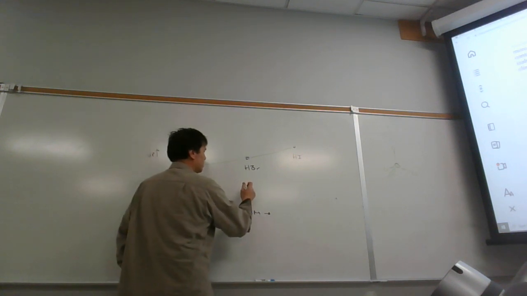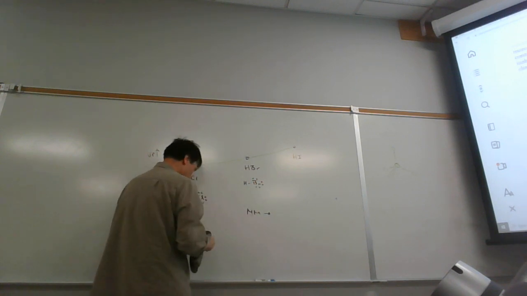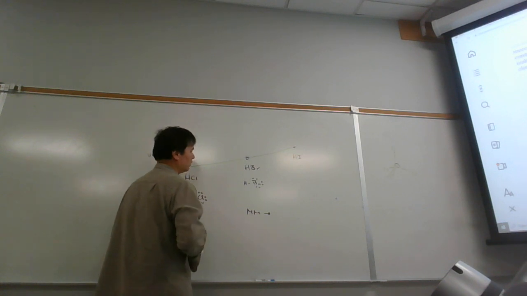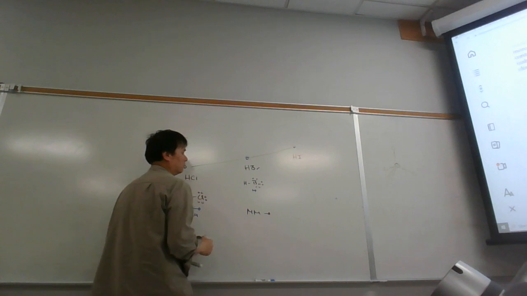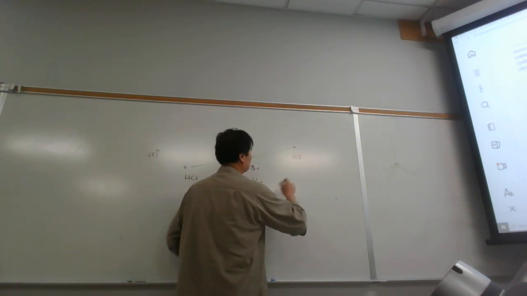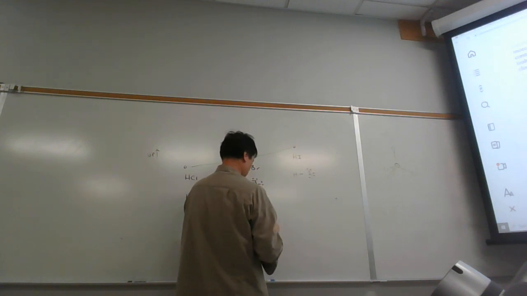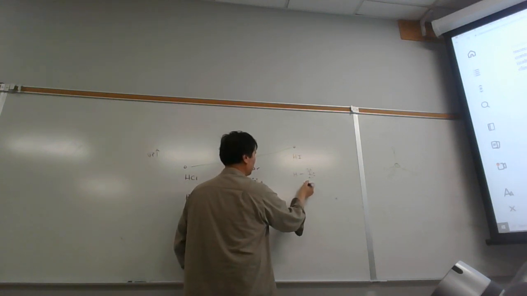HBr, bromine is less electronegative. If bromine is less electronegative, then we expect a smaller dipole. And then iodine is even less electronegative than bromine, and then we expect an even smaller dipole.